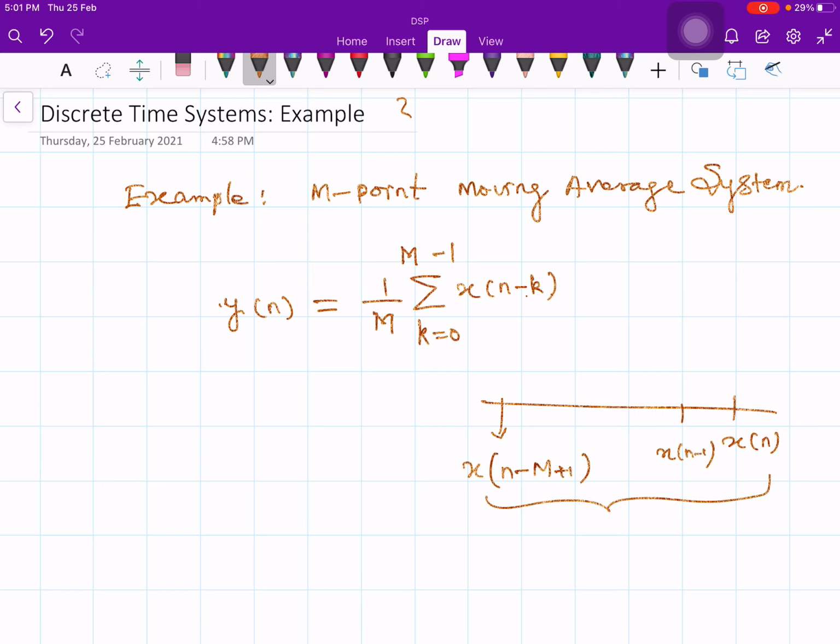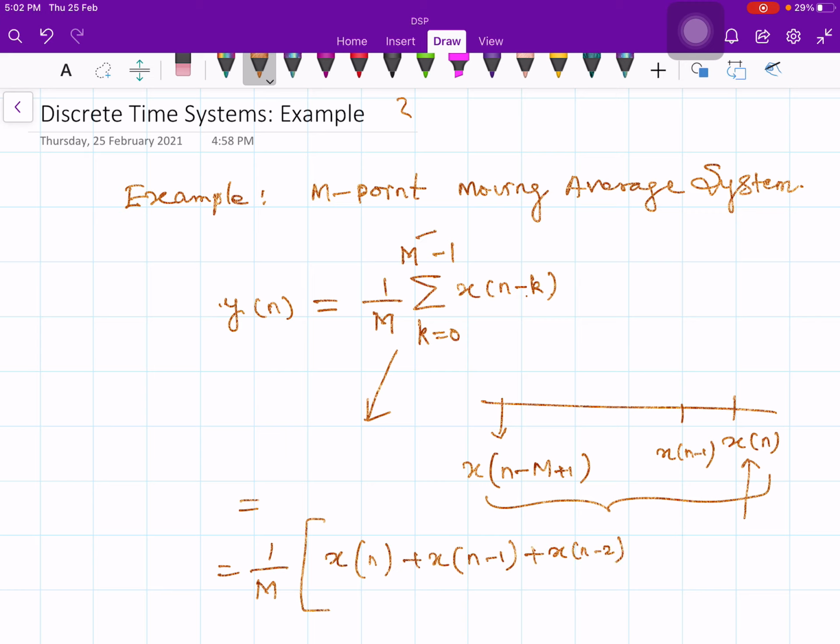Okay, and this x of n is the present input, and M minus 1 past values, right? So if we expand the summation, then this is going to be 1 over M, then x of n plus x of n minus 1 plus x of n minus 2.